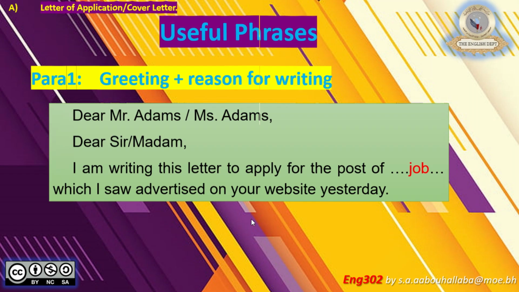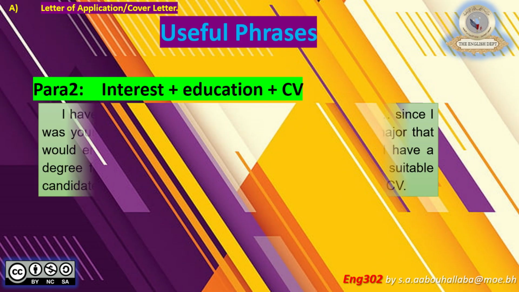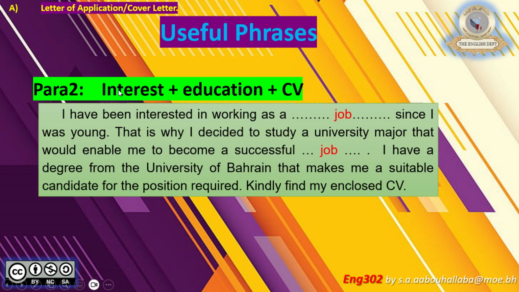All right. Next, after that, we come to the second paragraph, where we are going to express our interest in the job, tell about education, and CV. It goes like that, and you can take this as it is. I have been interested in working as a, and you name the job. I have been interested in working as an accountant, as a shopkeeper, as whatever, since I was young. This is showing interest.